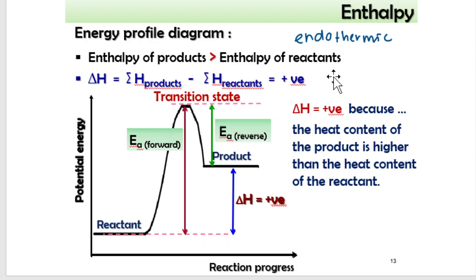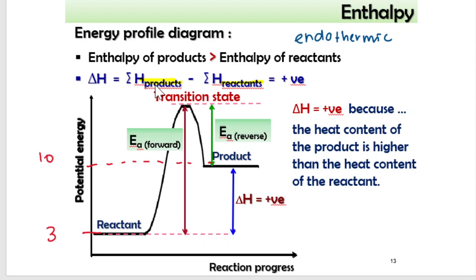okay, bila kita nak cari delta H, so your delta H, okay, kiraannya enthalpy of your product minus enthalpy of your reactant. Okay, so imagine dekat sini value-nya 3 and here the value is 10.